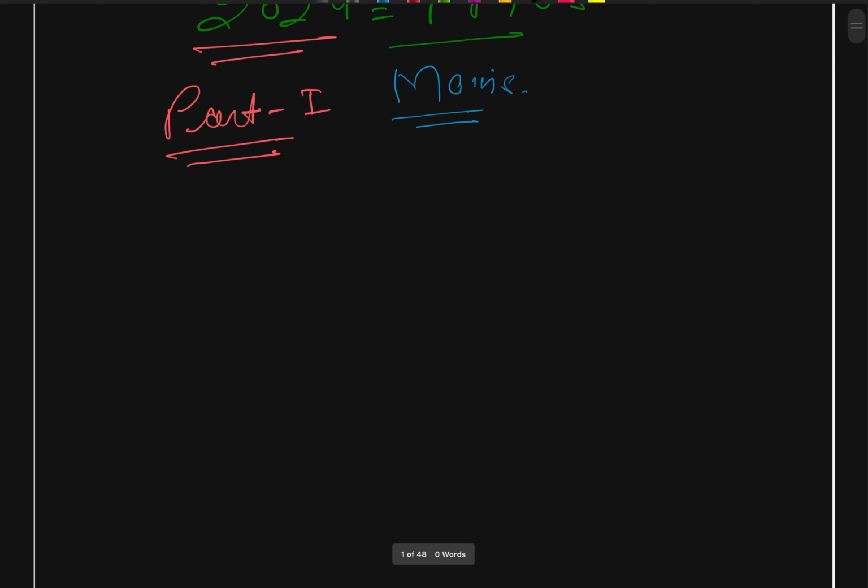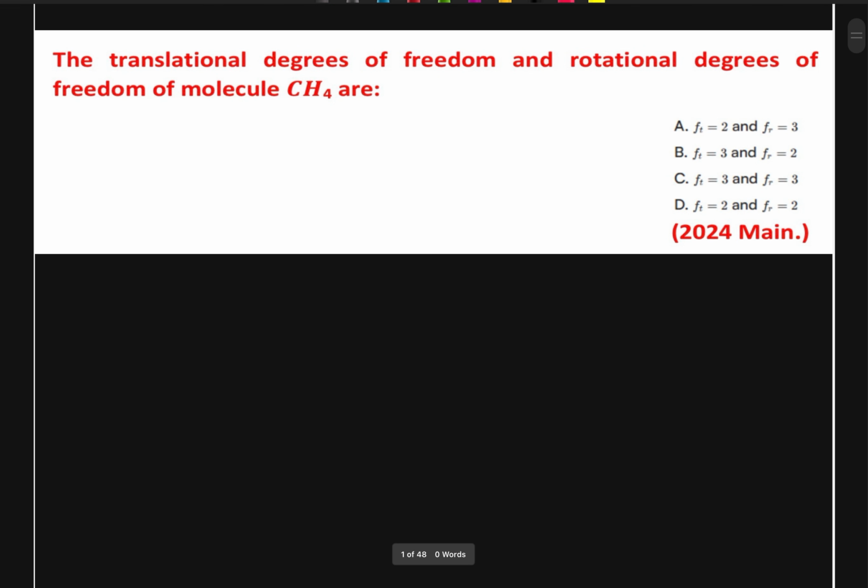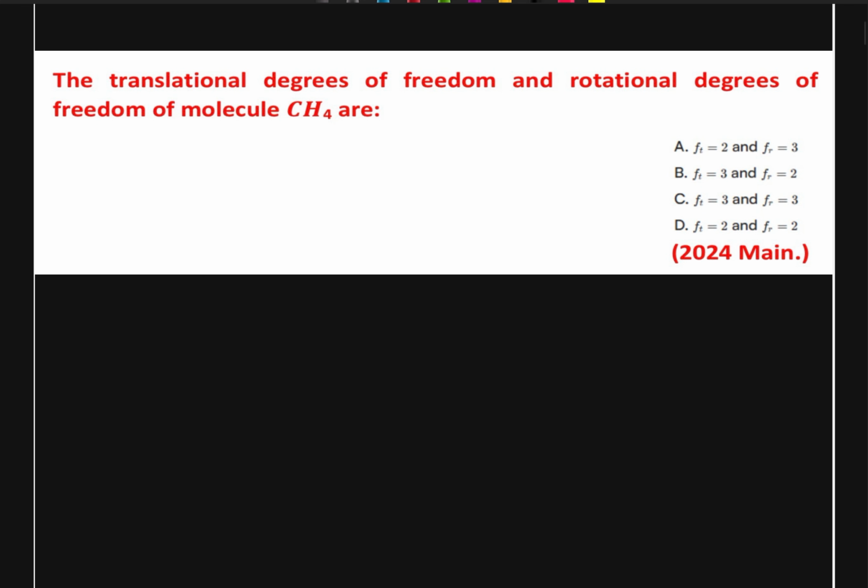So the first question states that the translational degrees of freedom and rotational degrees of freedom of molecule CH4 are. So this is basically more or less a theoretical conceptual question.